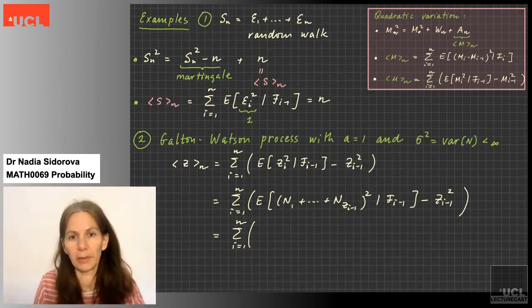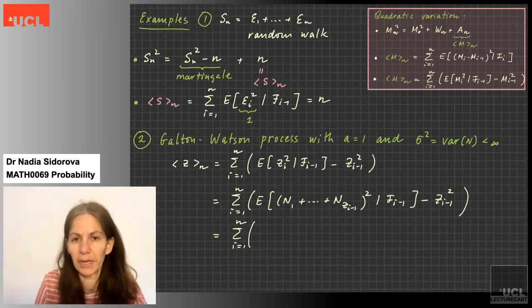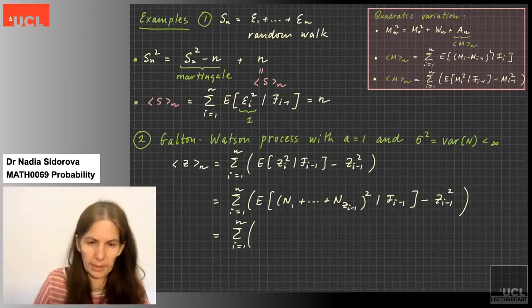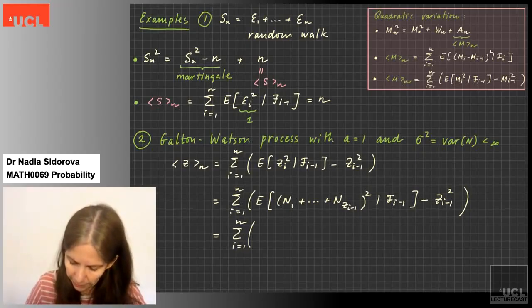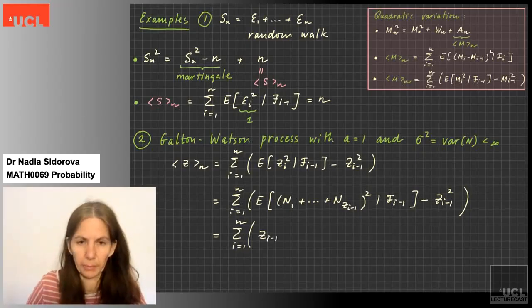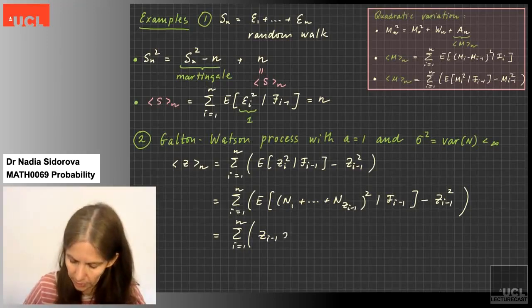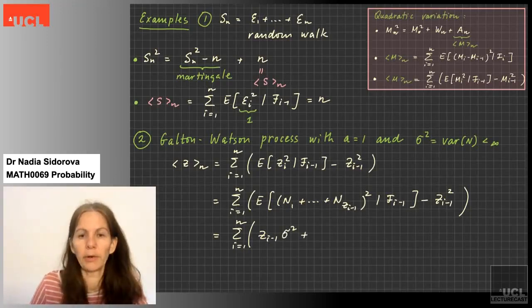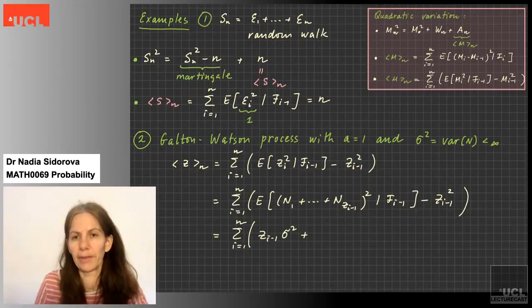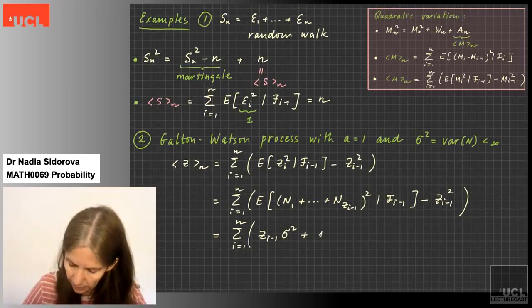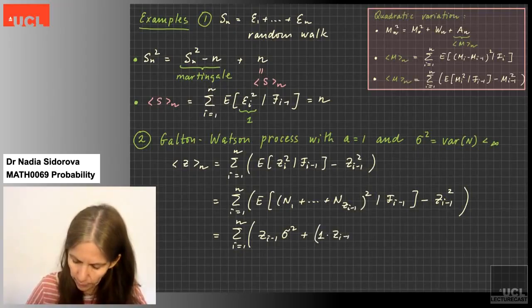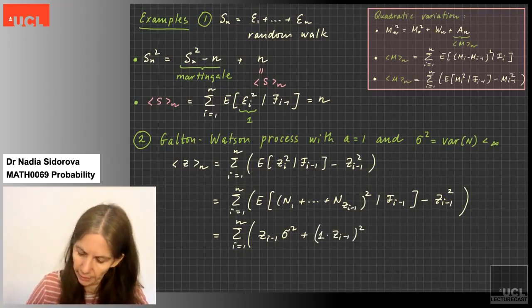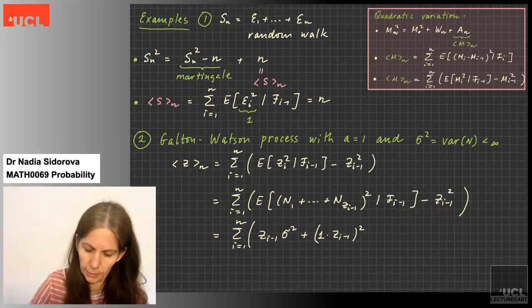Why do I want to do it? Because the variance of the sum of independent random variables is simply the sum of the variances. So I will have Z_{i-1}, the number of them, times the variance, which is sigma squared. And now I need to add the expectation of the sum, which is a multiplied by the number of them, squared. And I have to subtract the last Z_{i-1} squared.